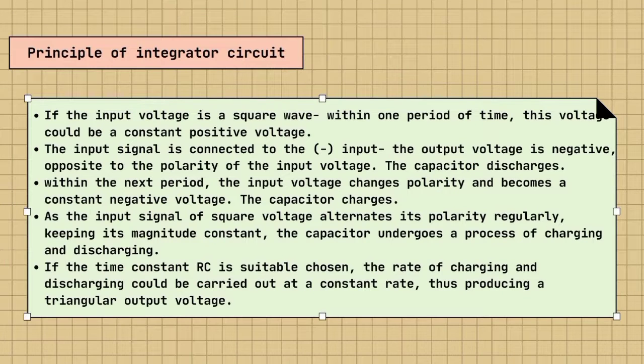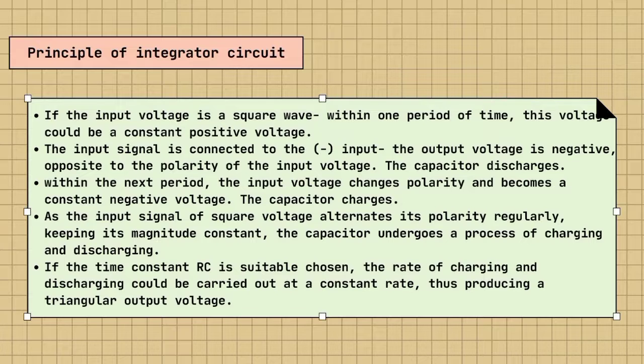So what is the principle of the integrator circuit? Firstly, we suppose that the input voltage is a square wave. Within one period of time, this voltage could be a constant positive voltage. Because the input signal is connected to the negative input, the output voltage is negative, opposite to the polarity of the input voltage. The capacitor now is discharged. Within the next period, the input voltage changes polarity and becomes a constant negative voltage.